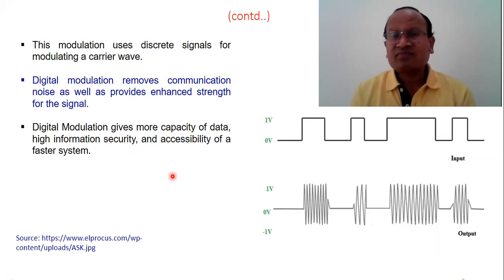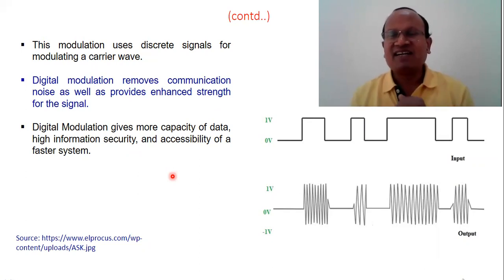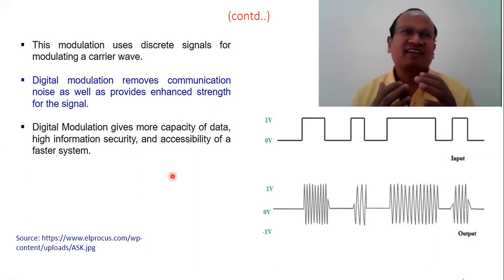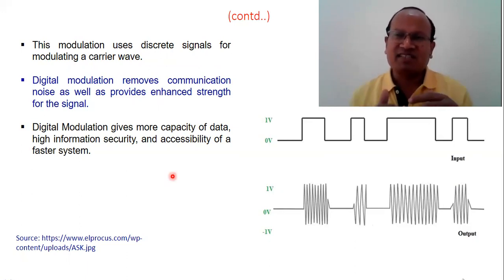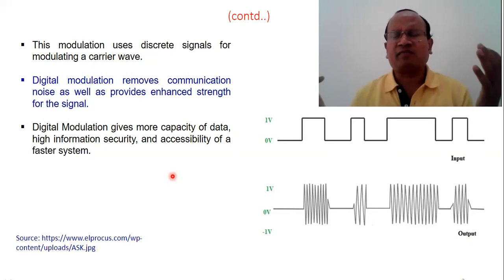In an analog communication system, you have limited capacity of data which you can transmit. But after the emergence of digital signal processing and communication, you must have experienced that a huge amount of data is transmitted.